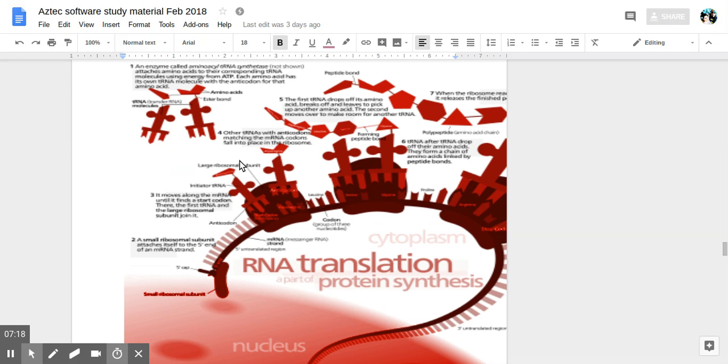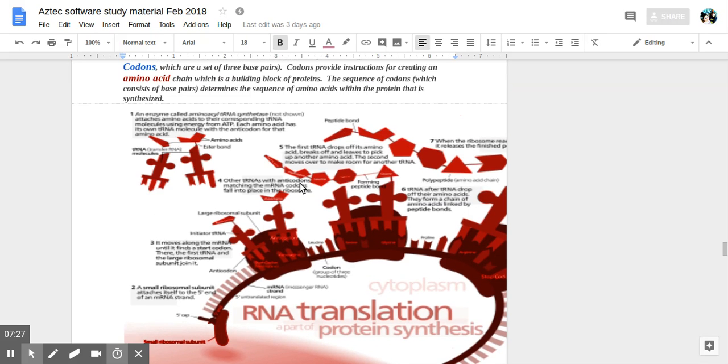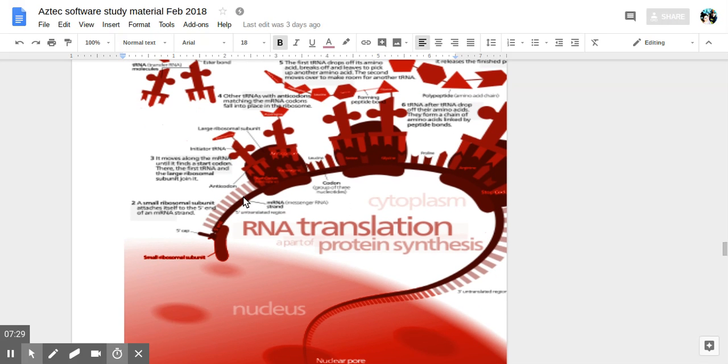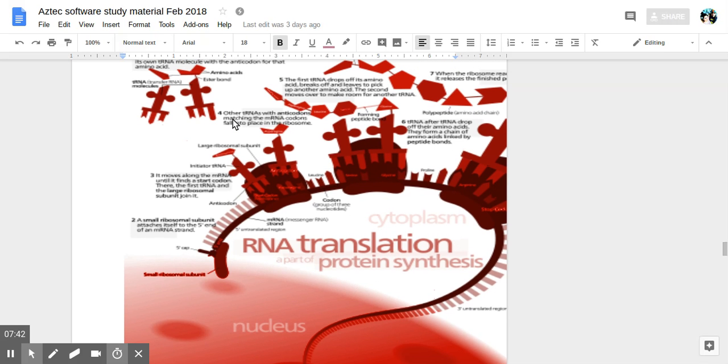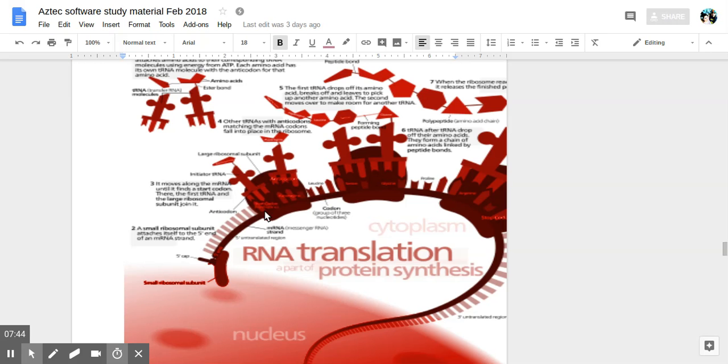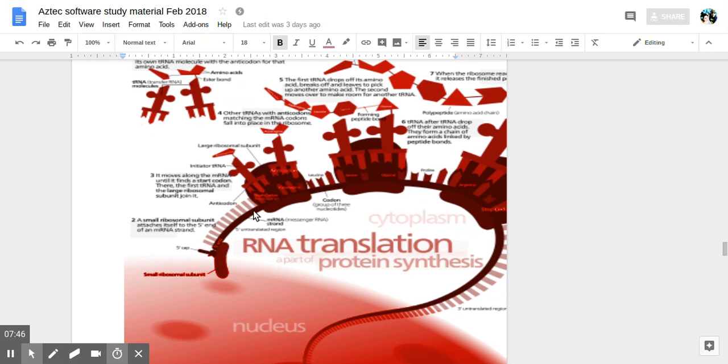This is what determines which amino acids will be added or carried to add onto the growing peptide chain. So various triple codons complement with the anticodons, and a specific amino acid is determined by whatever the codon is. The codon is 3 bases.